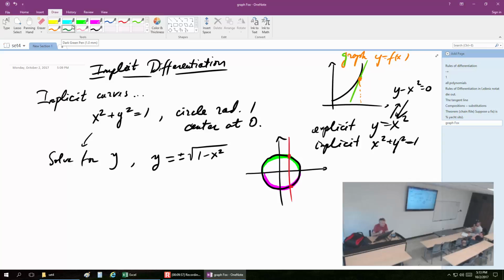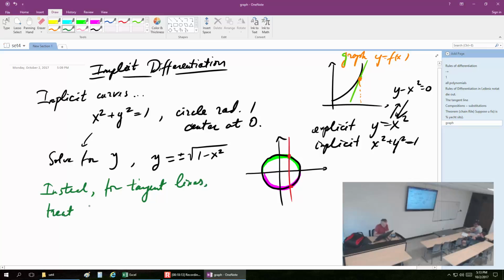The other way is to actually treat it as an implicit relation. So what we're after is tangent lines. For tangent lines, treat the x squared plus y squared equal 1 as an implicit relation, or rather implicit function.